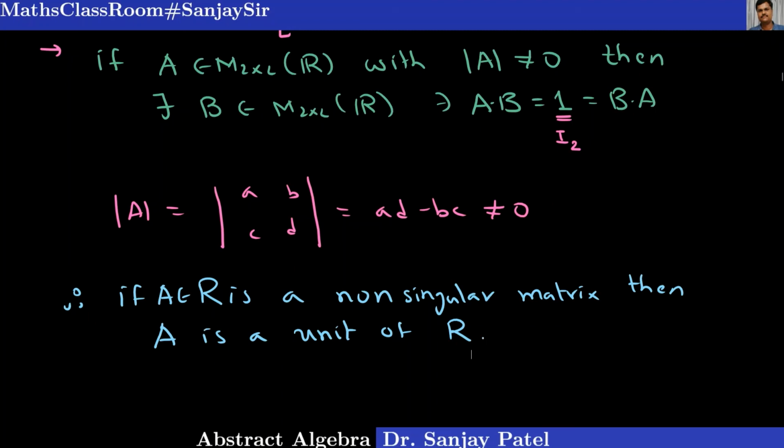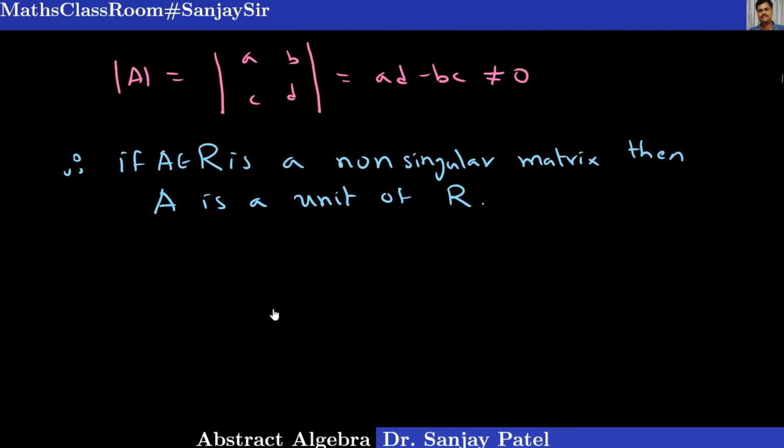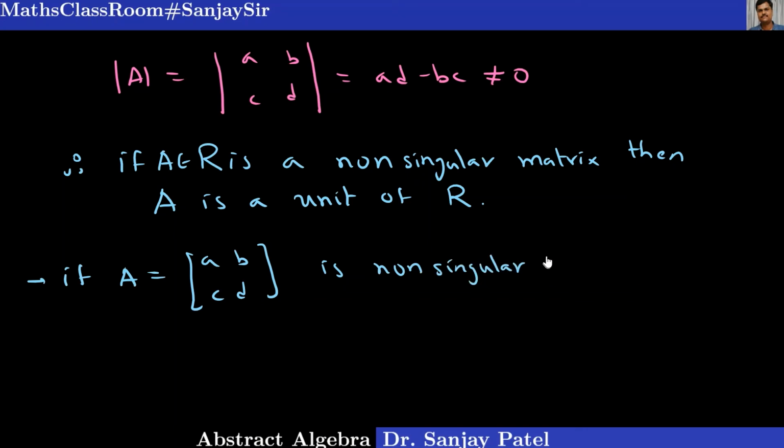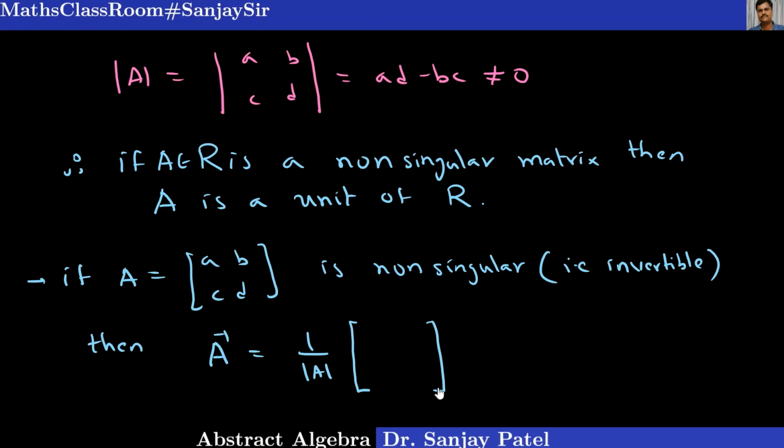And if A equal to ABCD is non-singular, which means invertible, then its multiplicative inverse is given by 1 upon mod of A into adjoint of A. How do we write the adjoint?